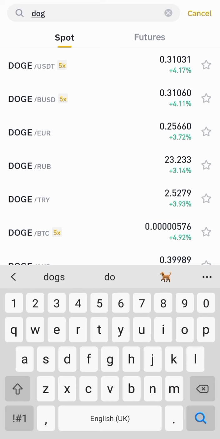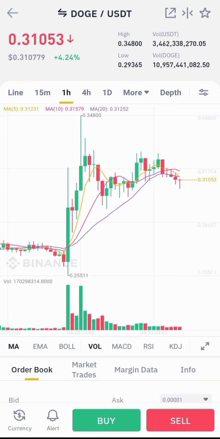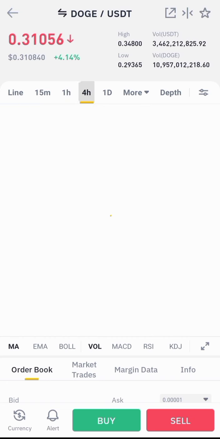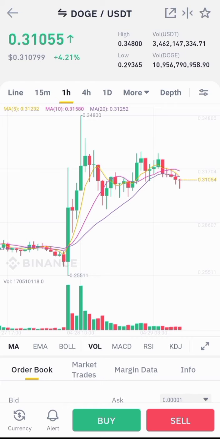So click on the USDT pair. Then this comes up: the 1 hourly chart of Doge trading against the US dollar. You can change this to 4 hour, 1 day, or you leave it at 1 hour. So you want to buy some amount of Doge with your USDT, so you click on buy.